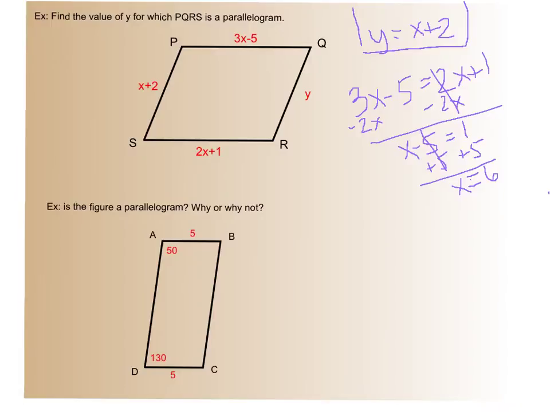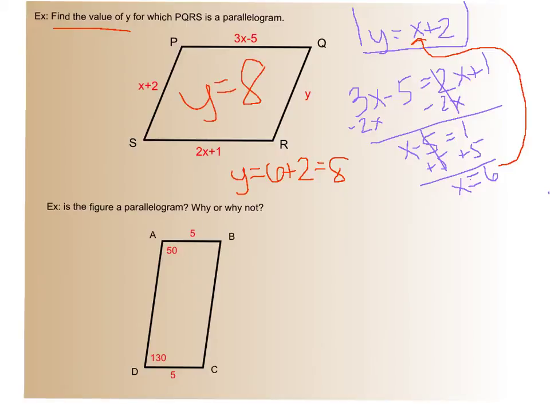Okay, so now that I know that x equals 6, I can plug it back in right there, and I get y equals 6 plus 2, which is 8. So the question said, find the value of y for which PQRS is a parallelogram. Okay, my answer is y equals 8.